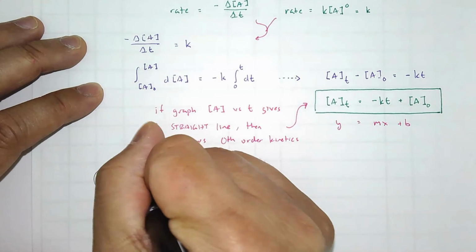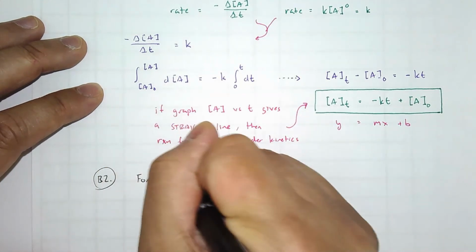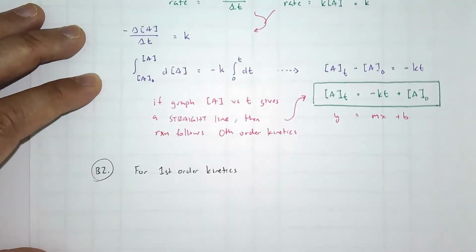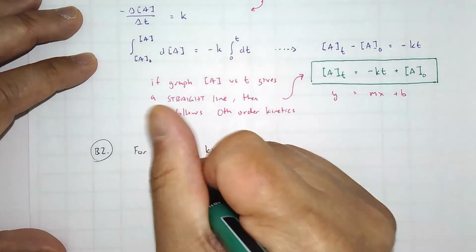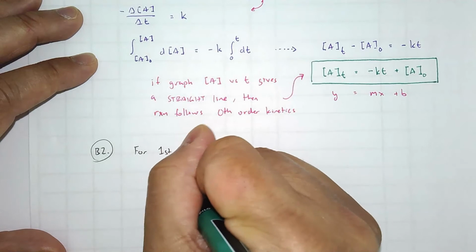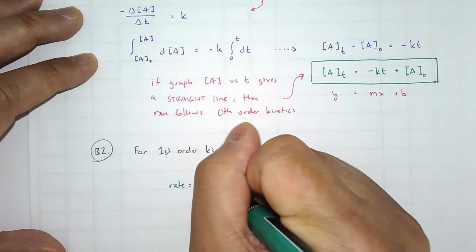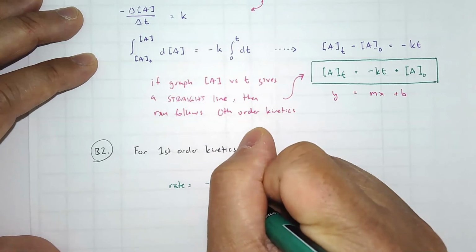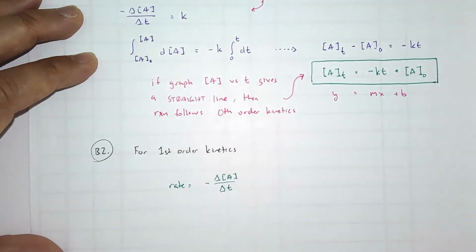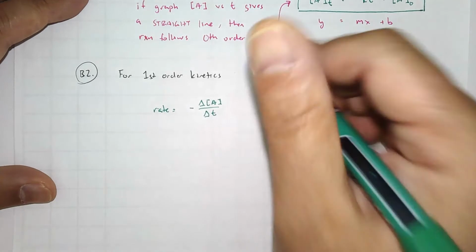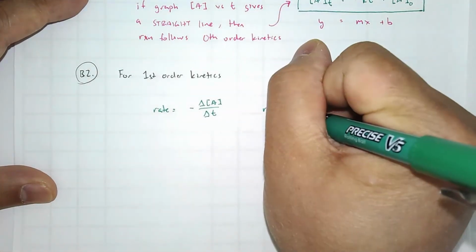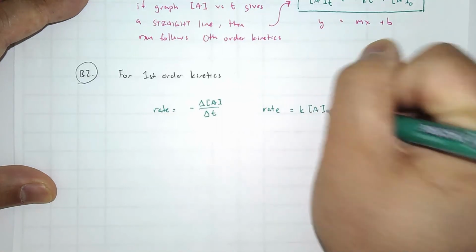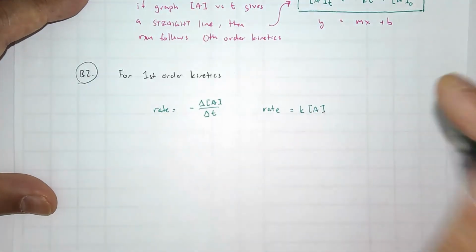Next is for first order kinetics. First order kinetics, again, rate equals negative delta concentration of A over delta T. And then for first order kinetics, the rate law equals K times the concentration of A to the first, or just simply leave it blank.